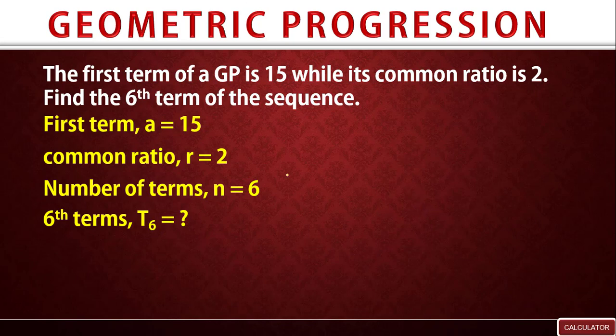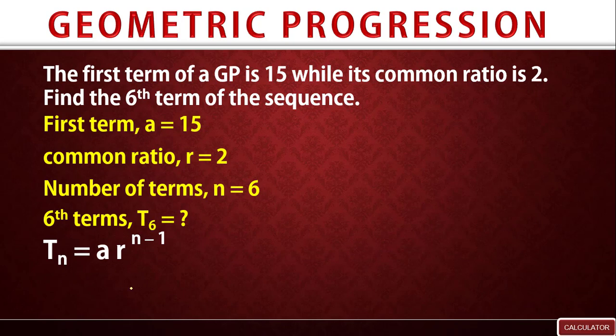You remember that's the geometric progression formula, and the formula is Tn equals A R raised to power n minus 1. Having written the formula down, next thing you need to do is to put in these values that were given into this formula of the GP. So remember, our n is 6, our r is 2, and our a is 15.